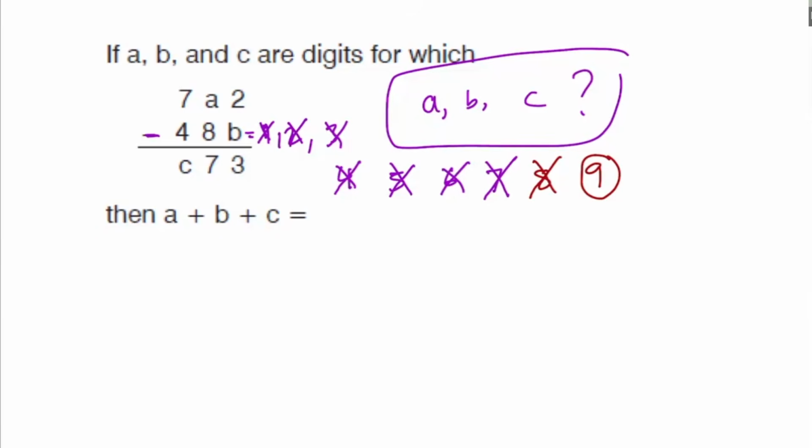Is it because it's the highest digit? That's not the only reason, because 9 is bigger than 2. What do we do? Borrow, yes. What happens when we borrow?